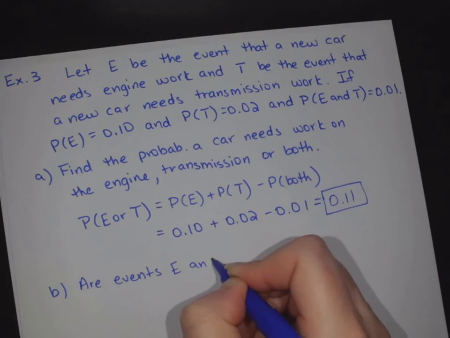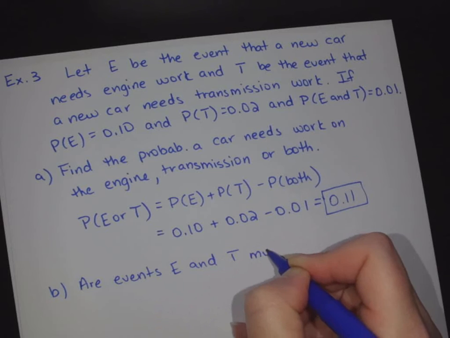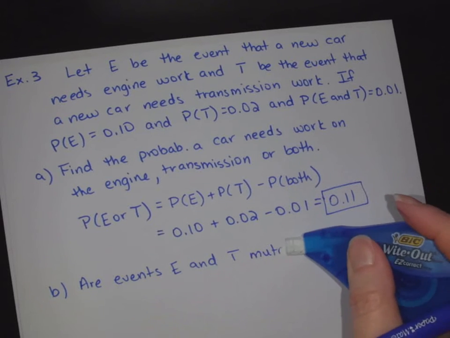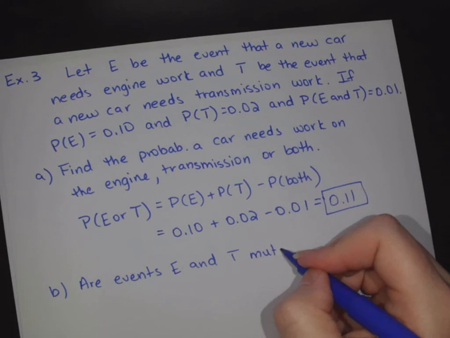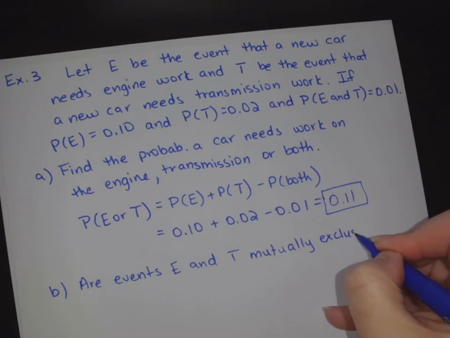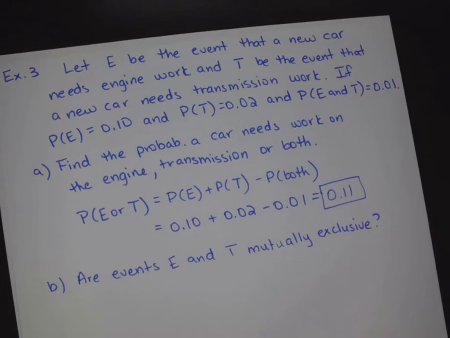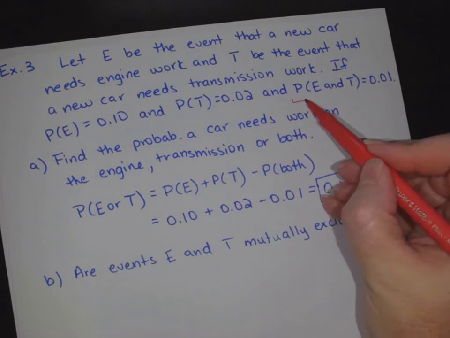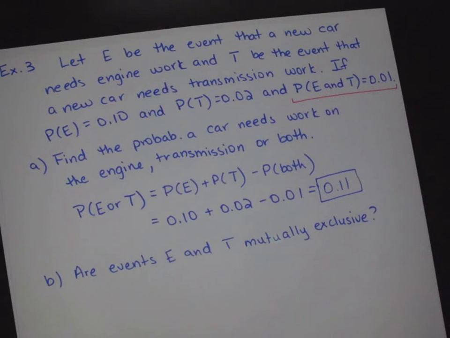Are events E and T mutually exclusive then? In other words, was there an option of both occurring at the same time? The very existence of this means that they can occur together. It's not a very big chance, but it's a 1% chance, but it's still there.